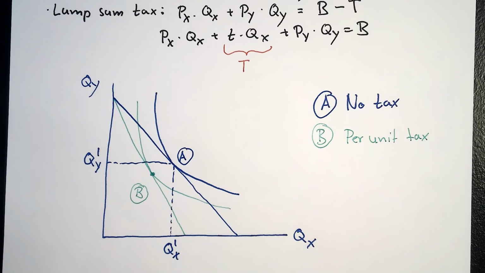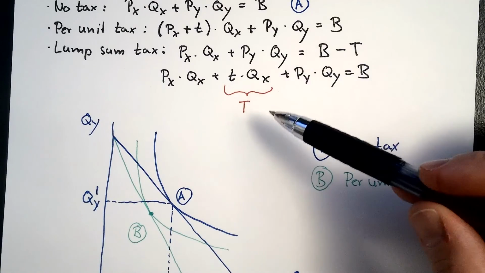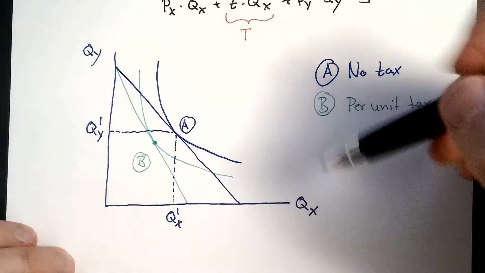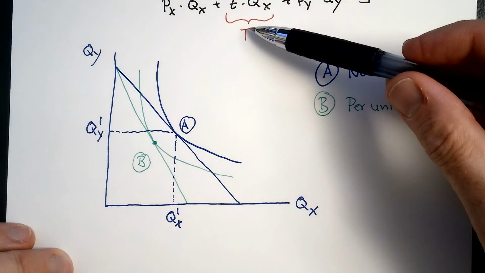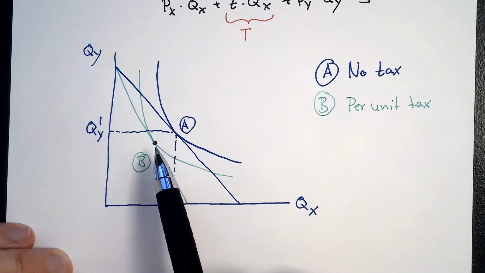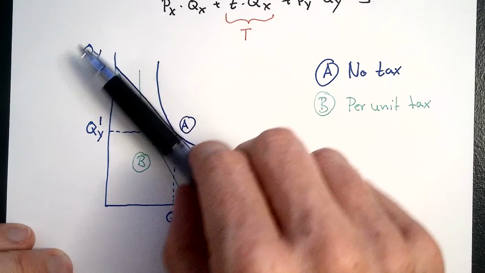But since we have set the lump sum tax in the same amount as the per unit tax, the budget constraint associated with the lump sum tax goes through this point here, but is parallel to the original budget constraint.